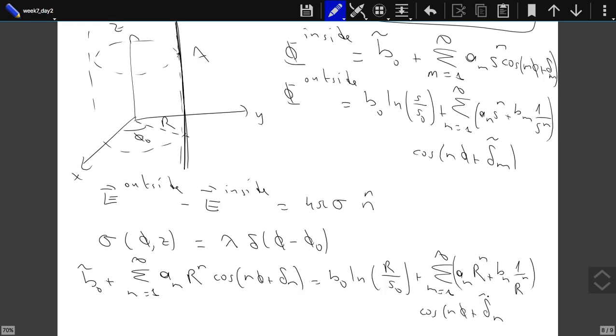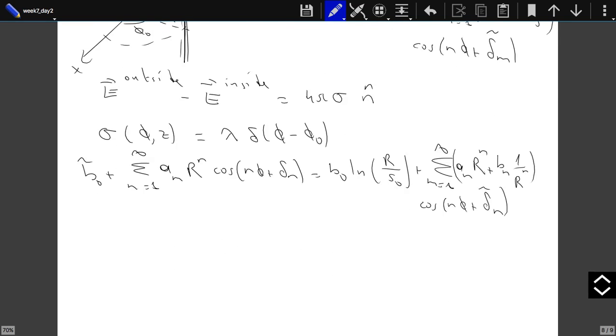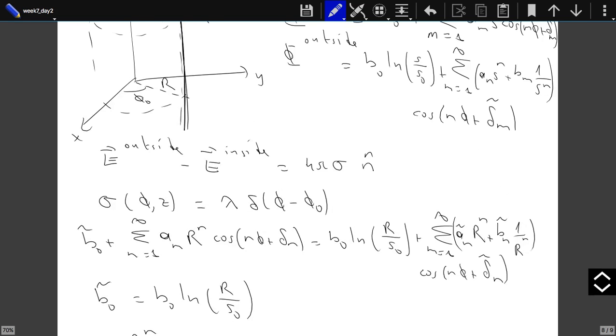This should be satisfied for all phi. Well, this basically tells me that b0 tilde is equal to b0 logarithm of r over s0, a m r to the power m. Let me put these tildes. They can be different. They don't have to be the same as the previous ones.